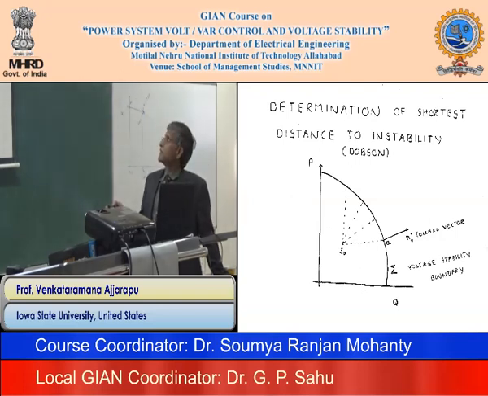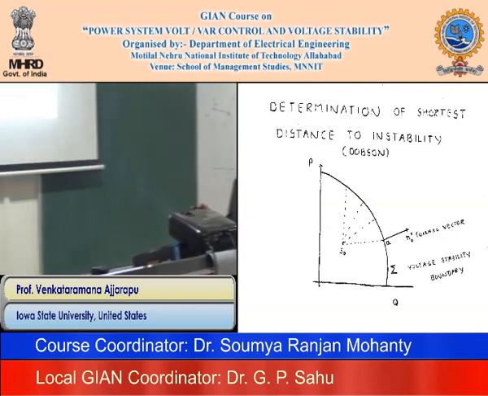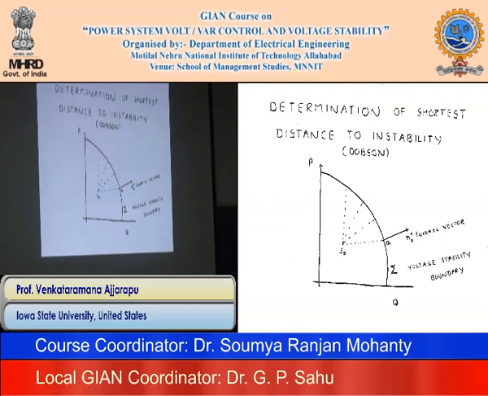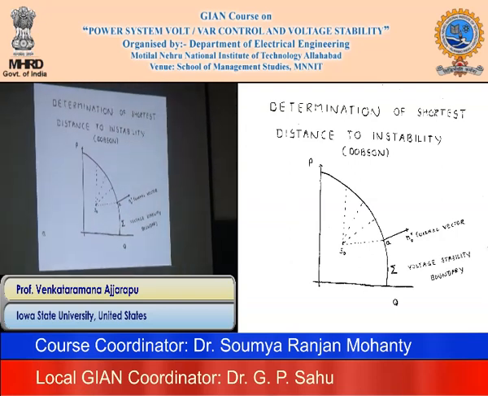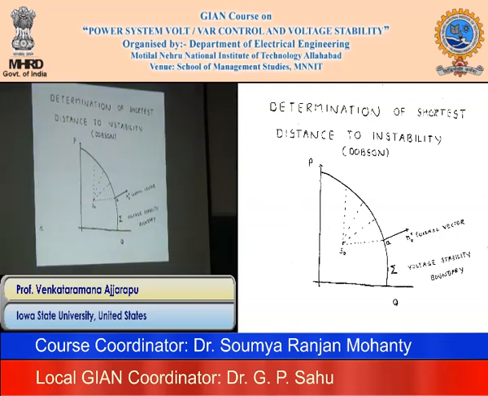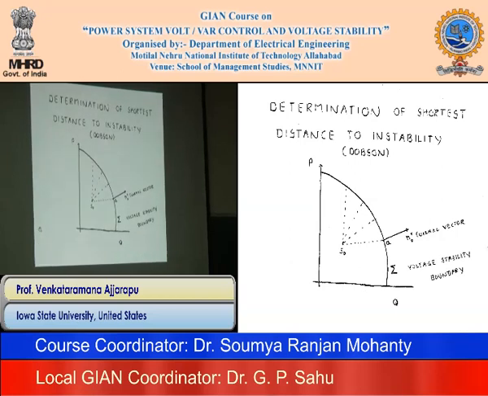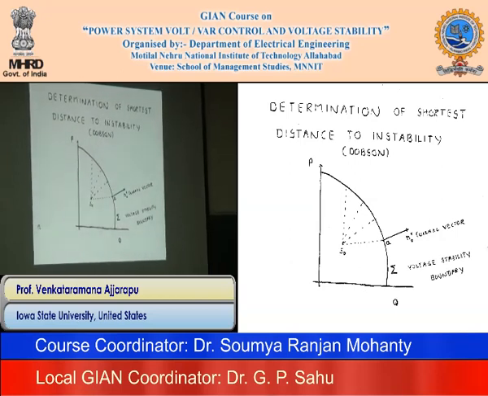But if I am going in this direction, your P increase is very, very limited, right? So then he said, what is the worst case to increase the load, and then you have to avoid that. So given an initial operating condition, what is the shortest distance from the S0 to the boundary?